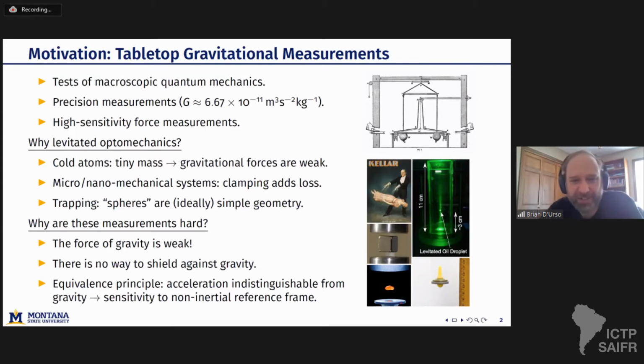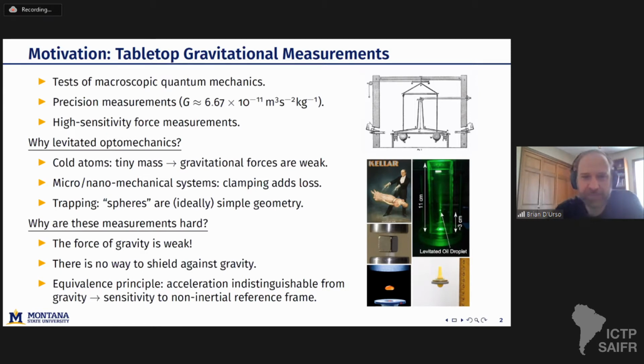And so our motivation for pursuing levitated optomechanics as a way of doing these measurements is, I think, pretty typical. Cold atoms are in many ways our competition, but of course their tiny mass makes gravitational forces really weak. So that's one of the nice things about these trapped particles, they're so much more massive. Compared to clamped systems like MEMS or NEMS, we of course at least hope to have a lot less loss or higher Q because there's no clamping in the system.